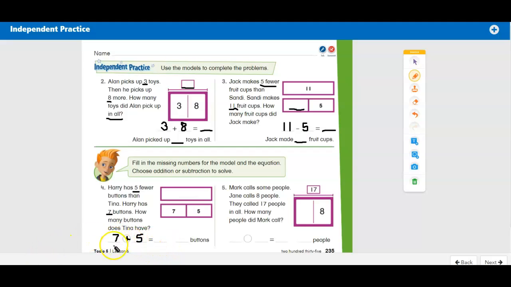So we are adding together 7 plus 5, and we need to find our answer. So we'll write our answer in the top of the model and in the equation below. 7 plus 5 is equal to what number? Write it here in the blanks.